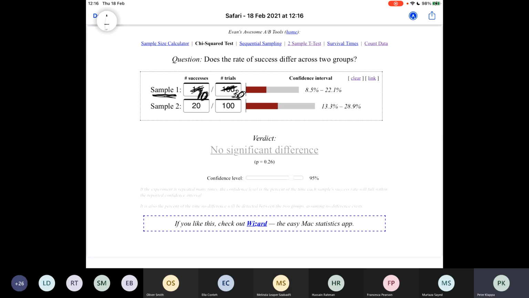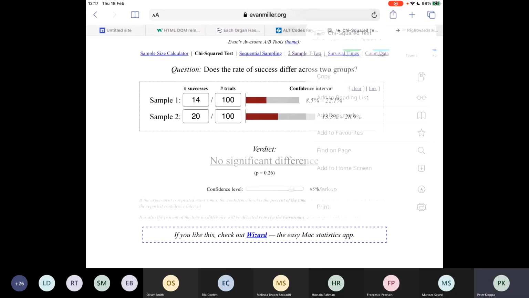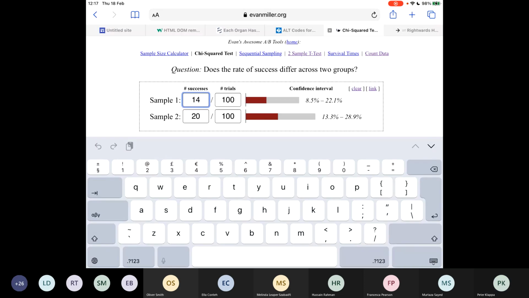So that is what you put into this online calculator. Does that make sense? So that is what it would look like. So let's put that in.